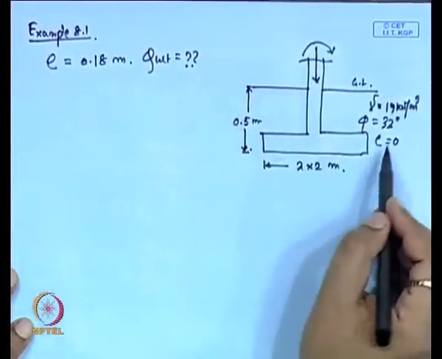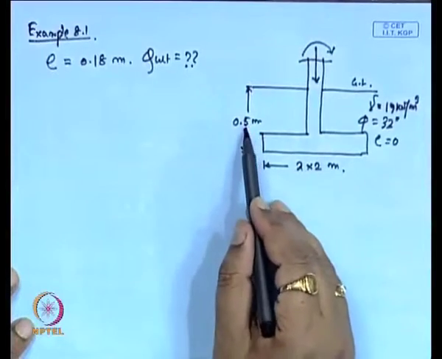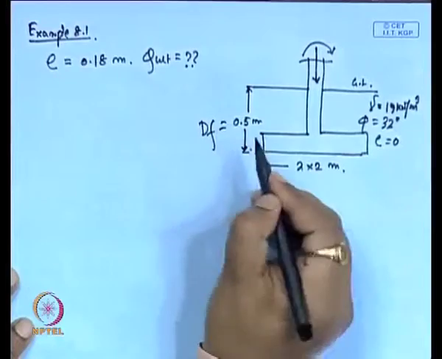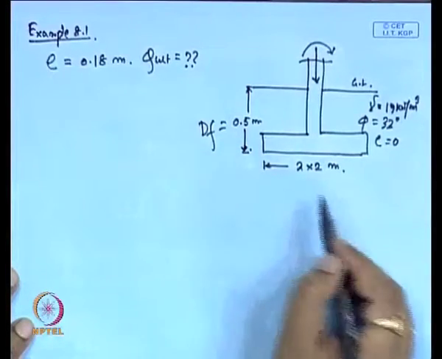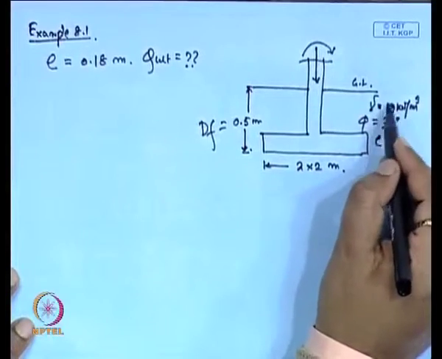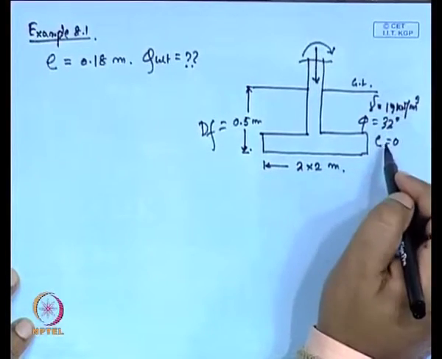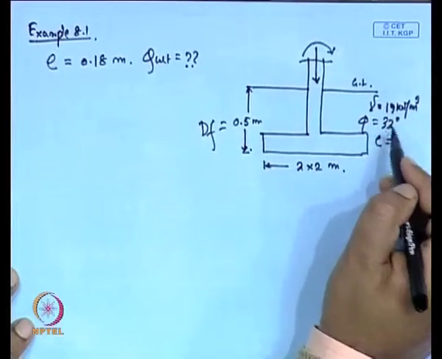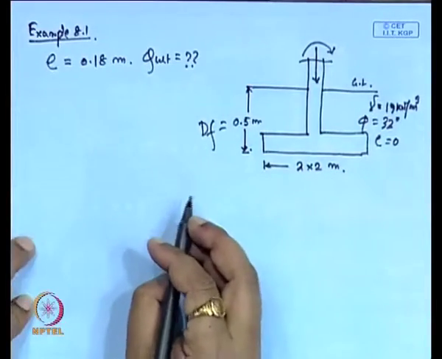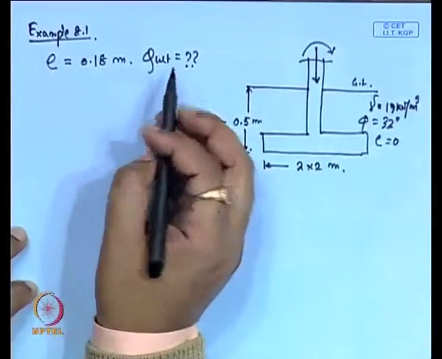So, this is the footing condition, placed at a depth of 0.5 meter. So, D_f is 0.5 meter and the dimension is 2 by 2 meter. The unit weight of the soil is 19 kilonewton per meter cube, phi value is 32 degree, C is 0, and this is the e value.